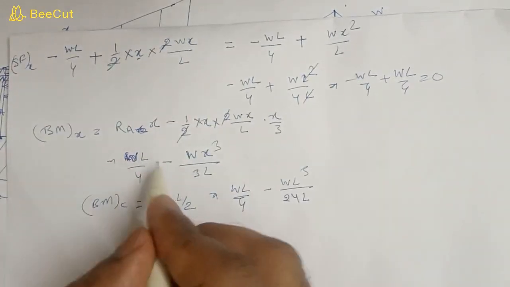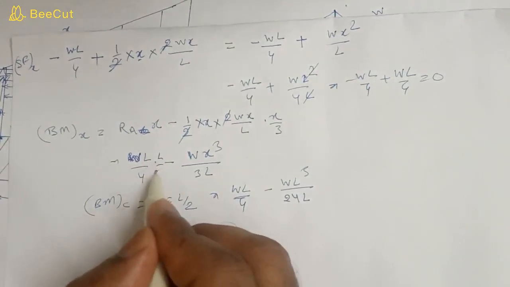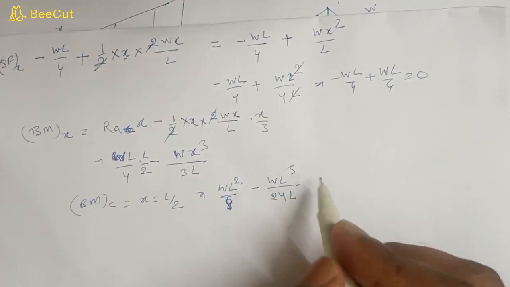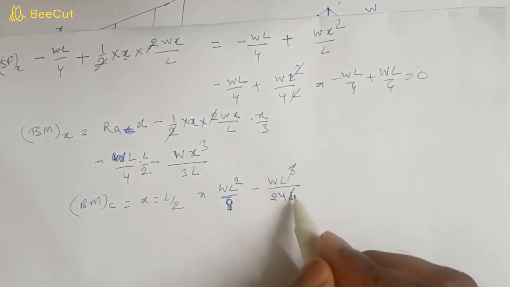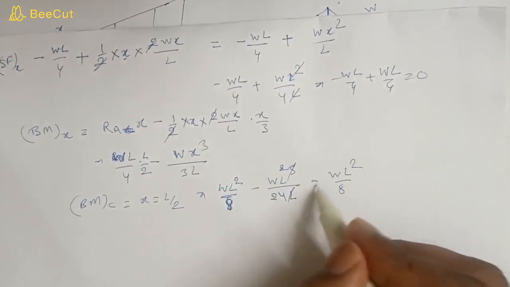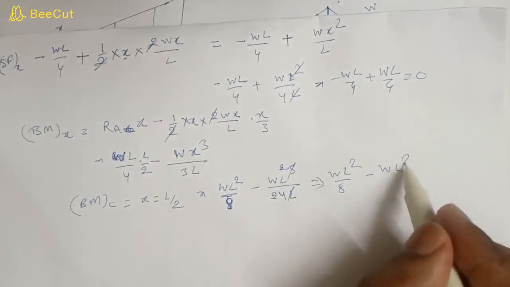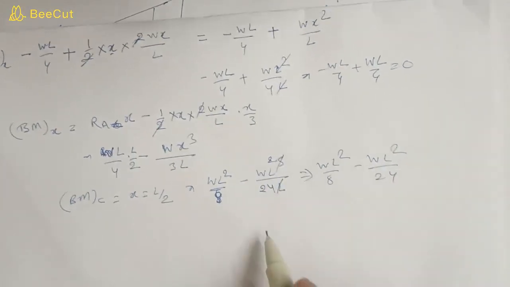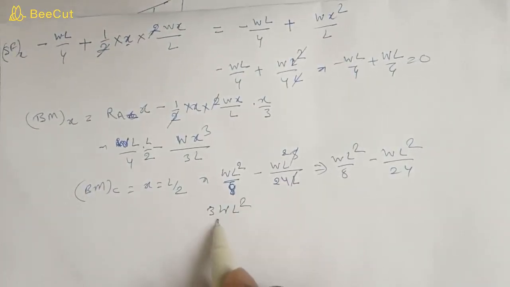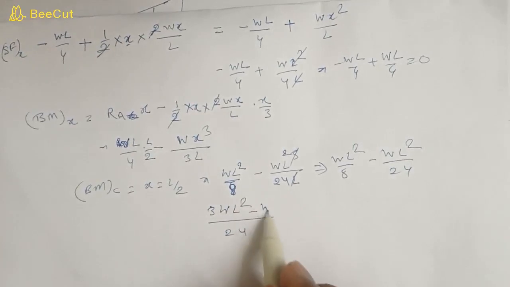Okay, this is x, so it will become L by 2. So WL square by 8 minus WL cube by 24L. So this will cancel this L, so it will come 2. So WL square by 8 minus WL square by 24. So it will become 3WL square by 24 minus WL square by 24.